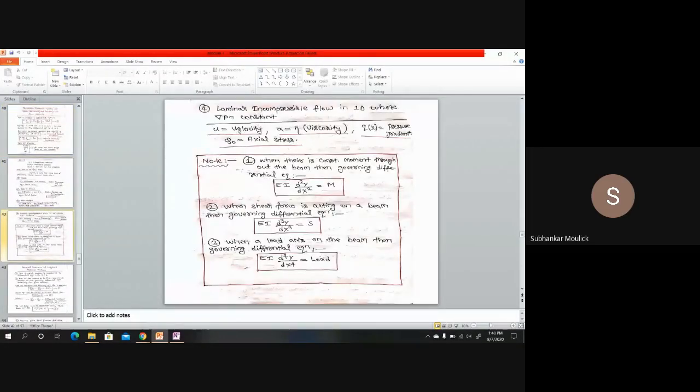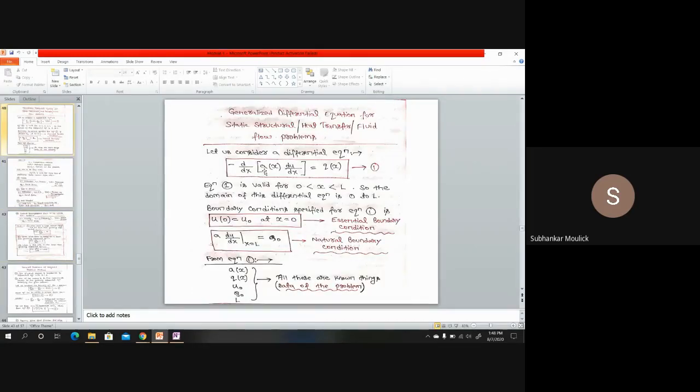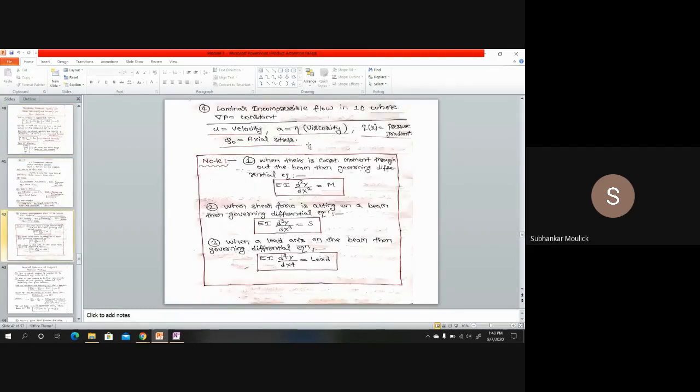So in that case, what will be u? u will be your velocity, because when you flow some fluid inside a pipe, normally you are interested in the velocity profile. What is a? a is nothing but the property. In this case, the property will be viscosity, so that will be eta. You have to replace a by eta.